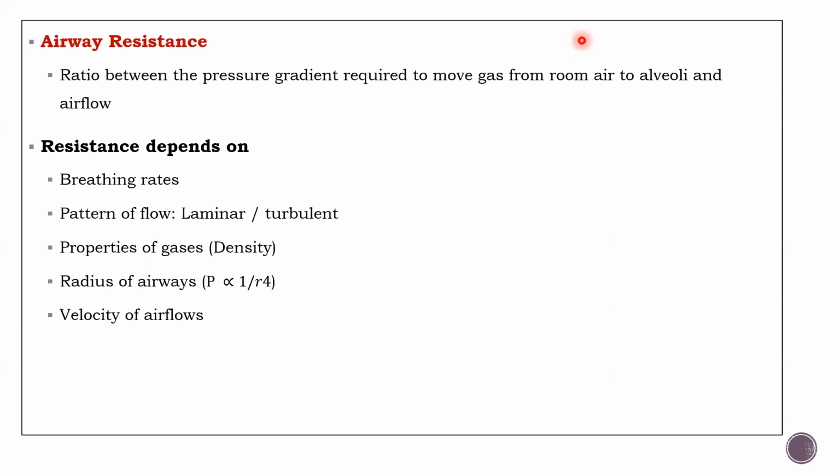The resistance will be less in the alveoli and higher in the upper respiratory tract. In children, the resistance of the upper airways is very, very high. That is the reason that even with a small narrowing they have a lot of distress, whereas adults, even with this, don't have respiratory distress. The resistance is contributed maximally by the upper respiratory tract in children.